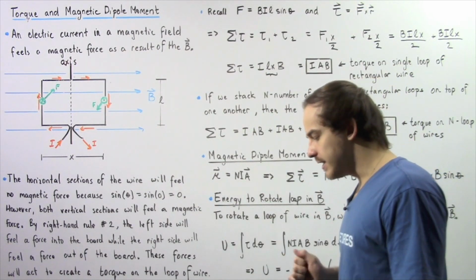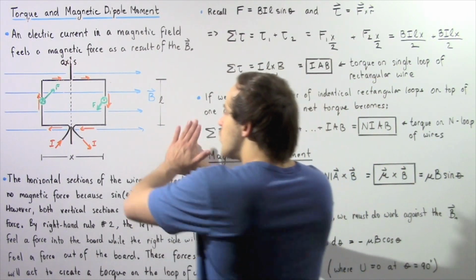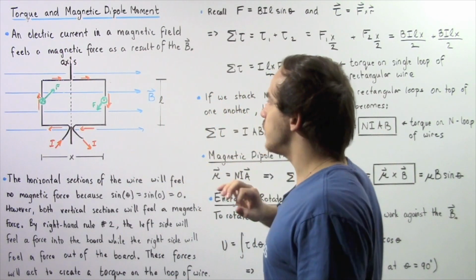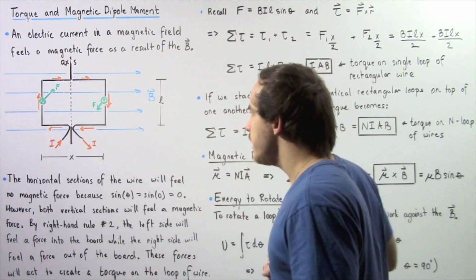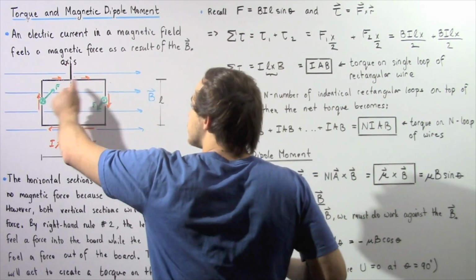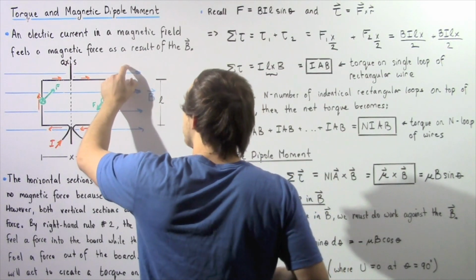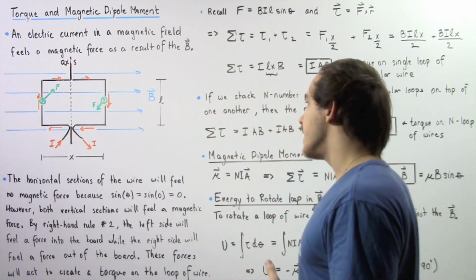So let's suppose we have the following region of space in which we have a uniform magnetic field B that points in a positive direction along our x-axis, as shown by the following blue magnetic field lines.